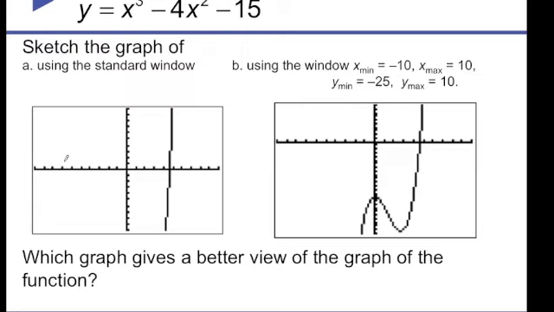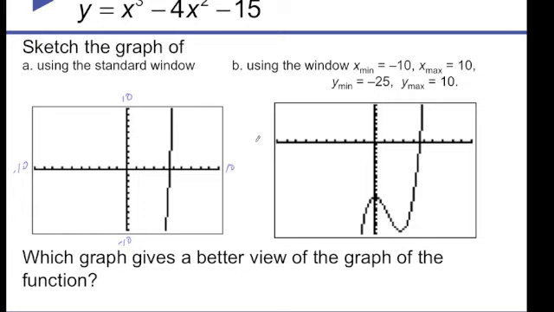So here are both graphs, so we can see both graphs at the same time. Notice that our graphing calculator does not number these, so we have to go back to the window to find out what those are. We know we did from -10 to 10 on both the x and y axis.